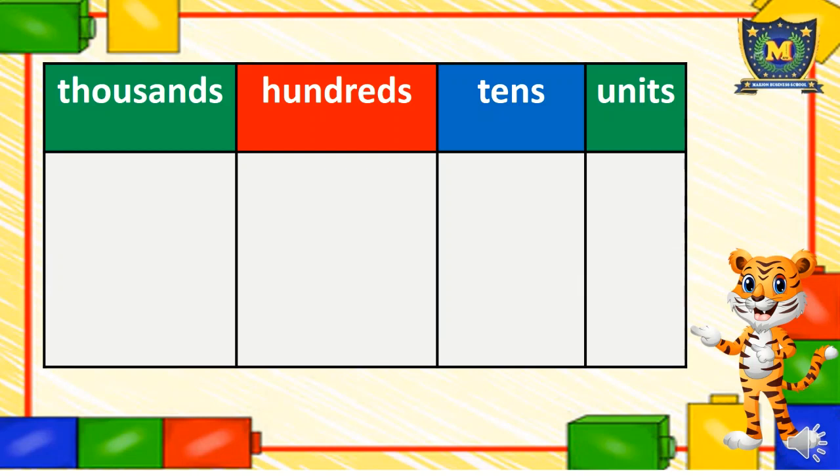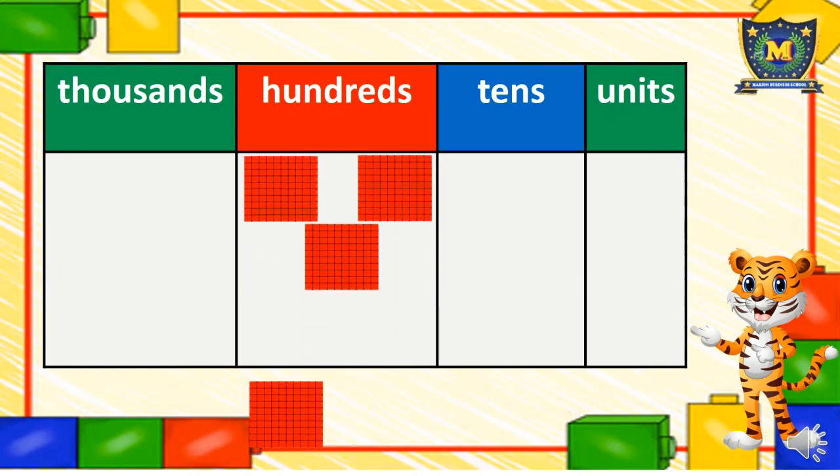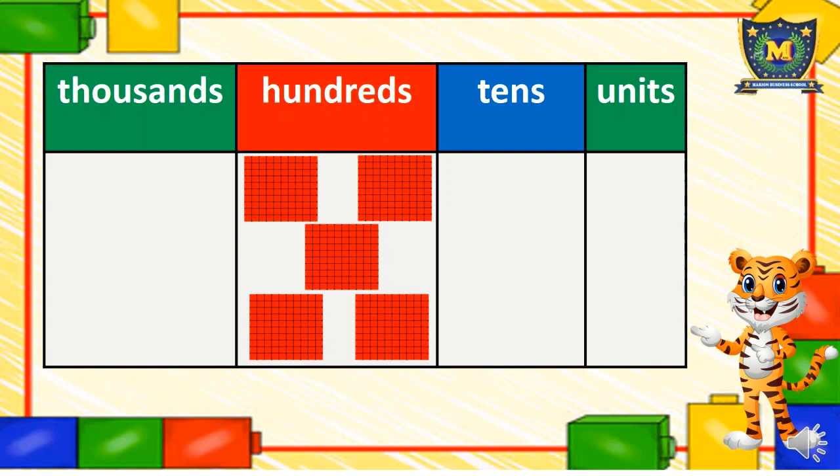Another example, I set up 1, 2, 3, 4, 5. Now to count, I will start on units. We don't have units here, so let's put 0. Same with tens, then proceed to hundreds. I count how many flats I set up here. I have here 5 flats. Now I'm going to show you the value for each digit.